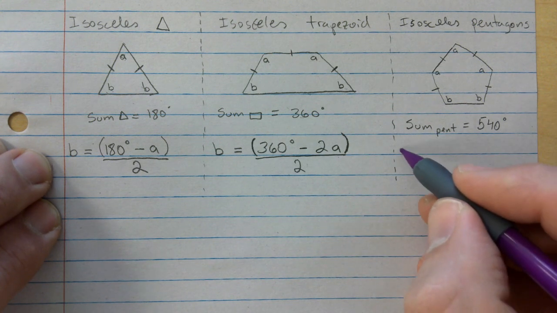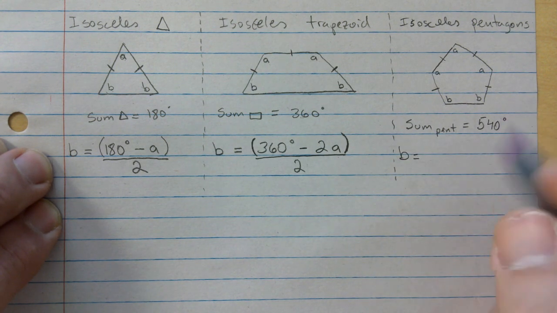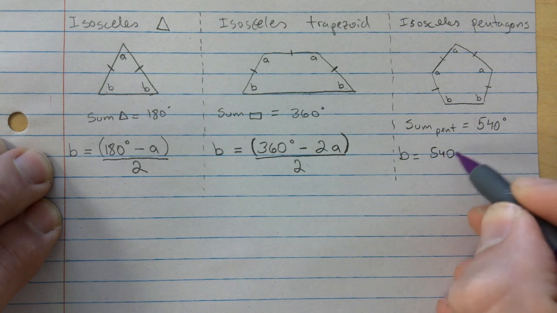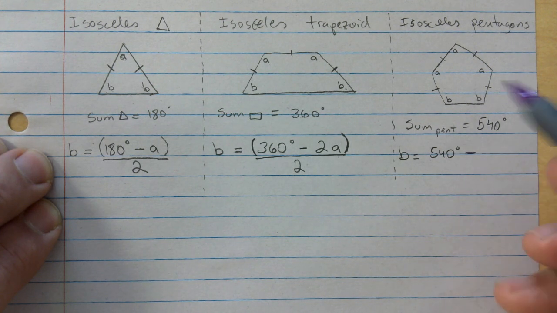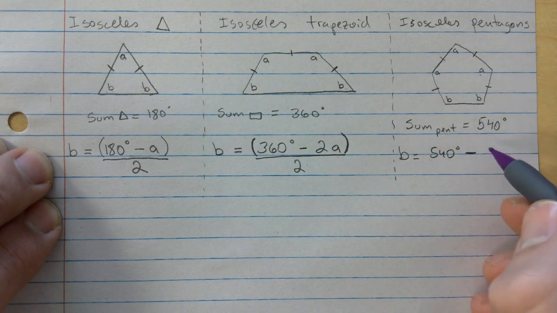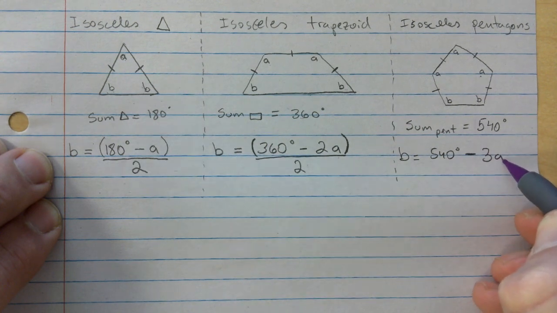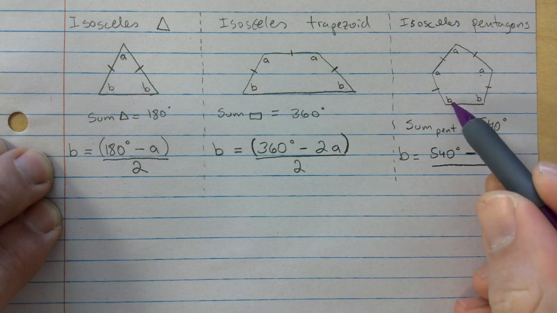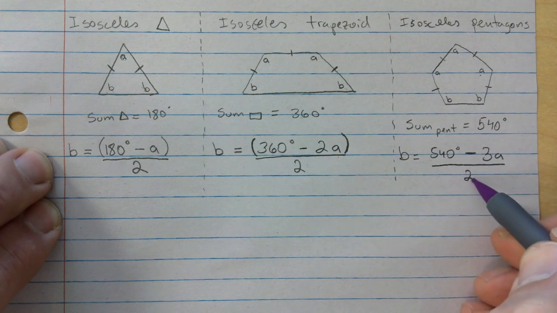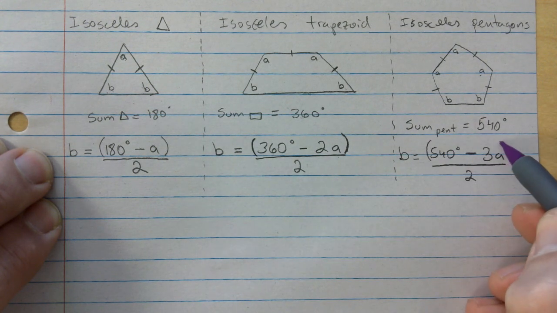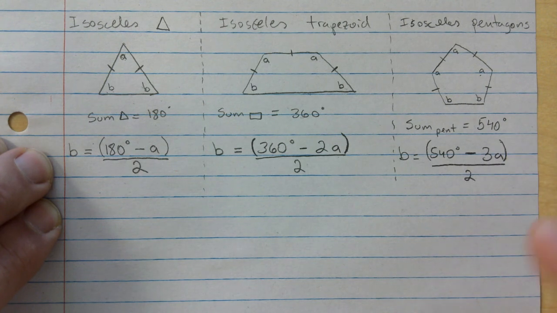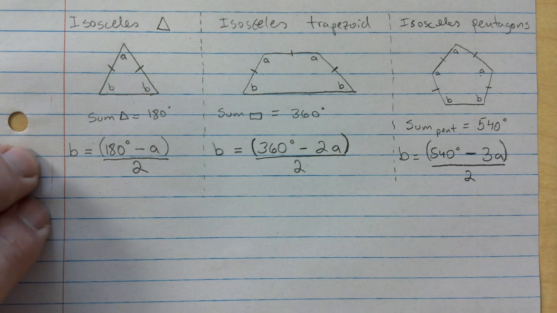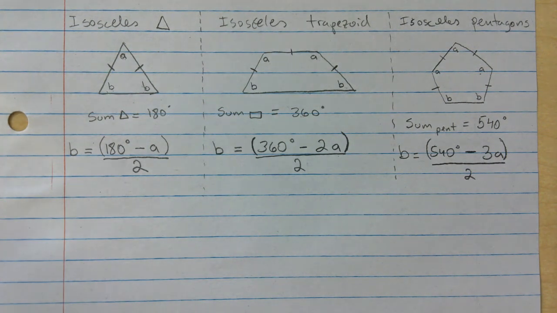And then the last one, if it's a pentagon, it's 540 minus, there are 3 A's up here, so you go minus 3A, all of that still divided by 2, because we split that remainder in half. And there aren't any more, so this is where we stop here.